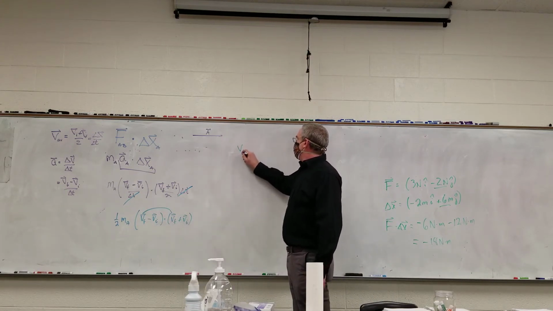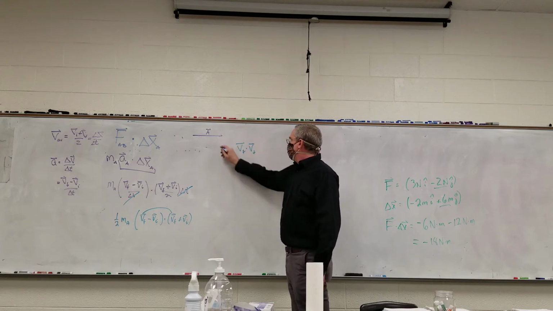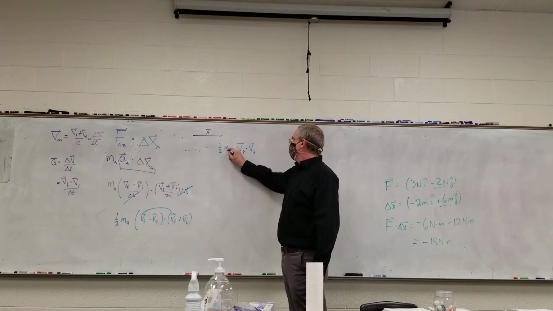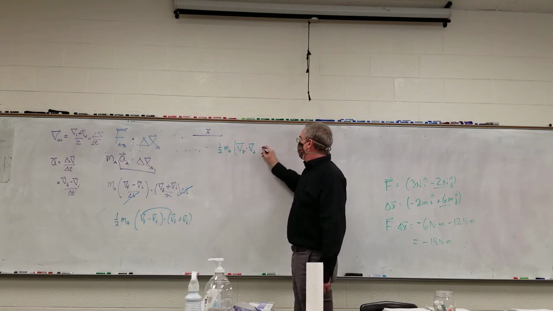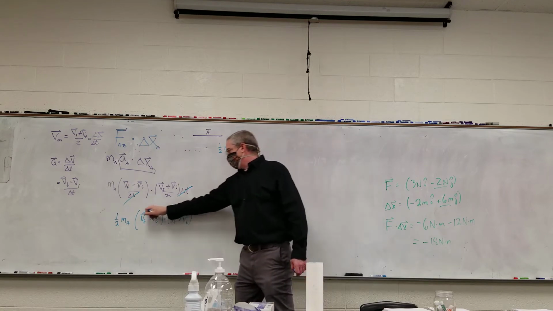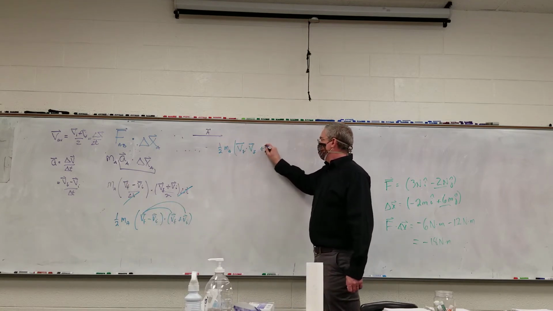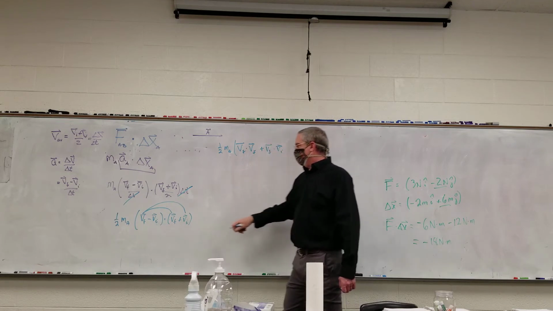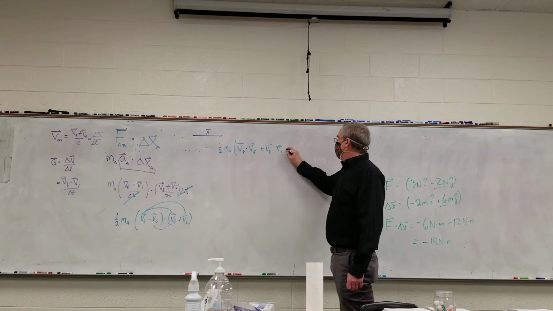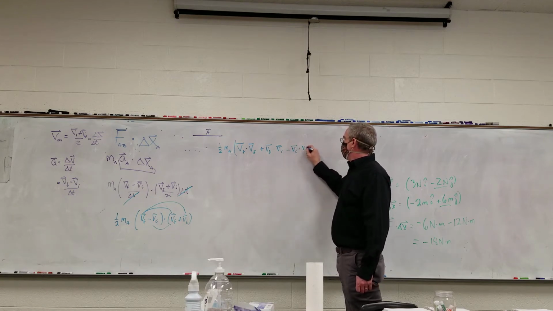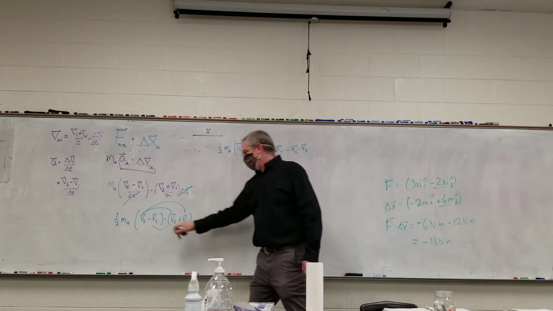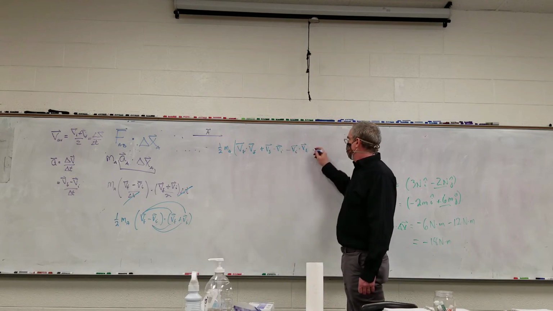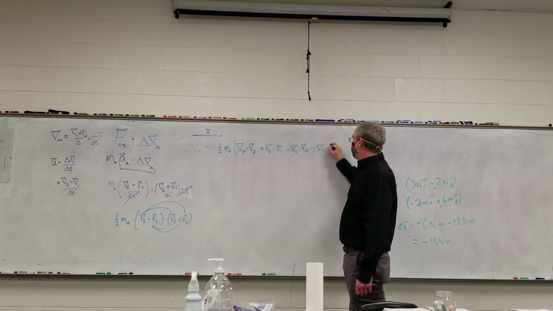So that is VF dot VF. So I still have my 1/2 M sub A. VF dot VF outer, plus VF dot VI inner, minus VI dot VF outer, or last, minus VI dot VI.